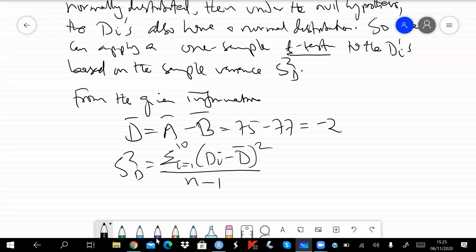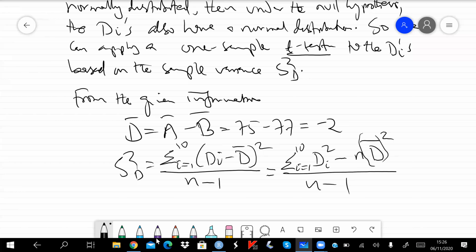But we can write this as the summation, from I equal to 1 all the way to 10, of DI squared minus n D bar squared, divided by n minus 1.